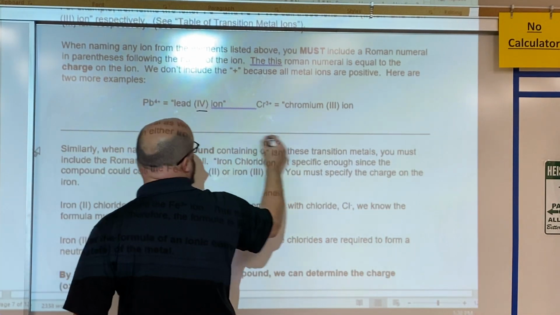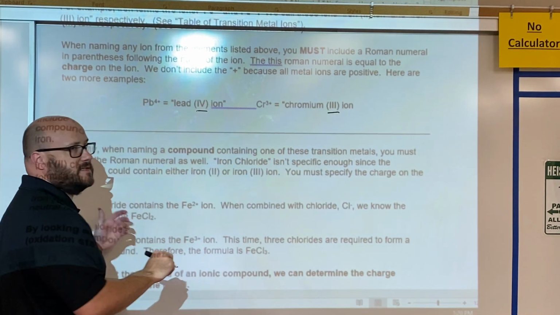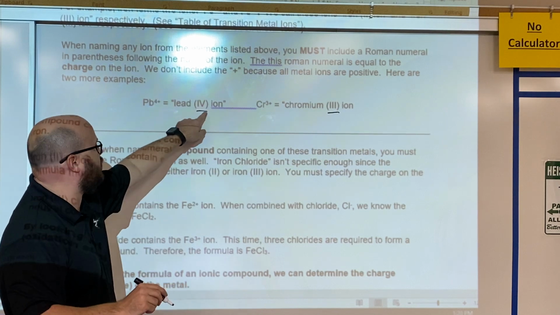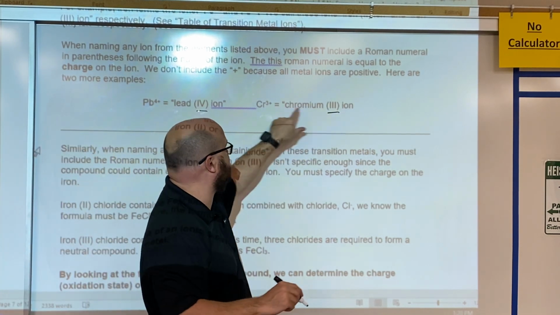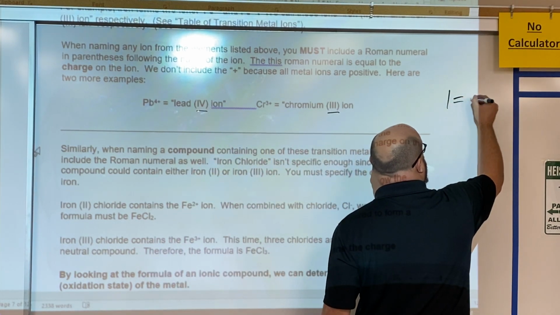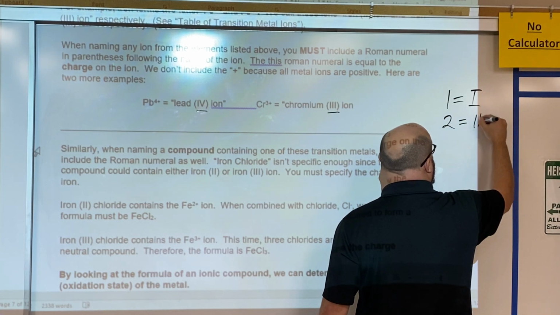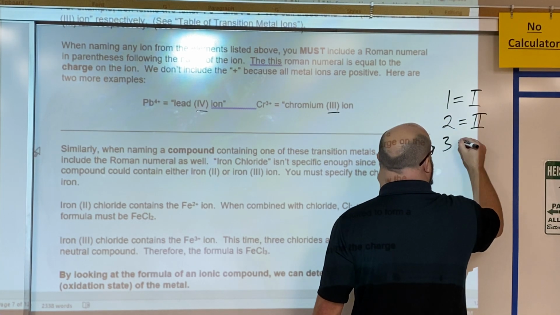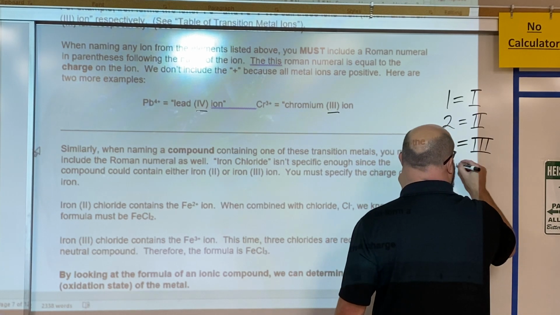Lead 4, chromium 3. Remember, it's always a positive ion, so lead 4 is lead 4+. Chromium 3 is chromium 3+. And just a reminder, in case you've forgotten your Roman numerals, you only need to know through 4 for this particular part.